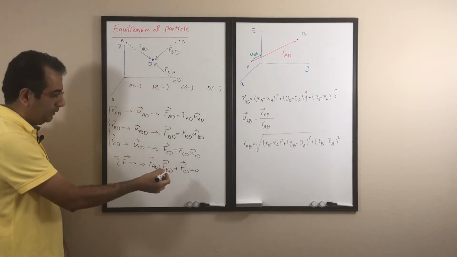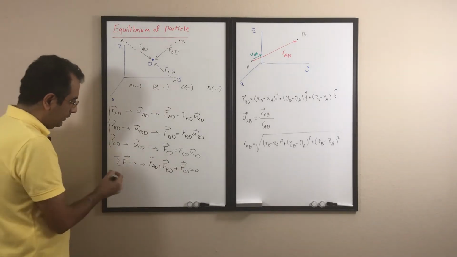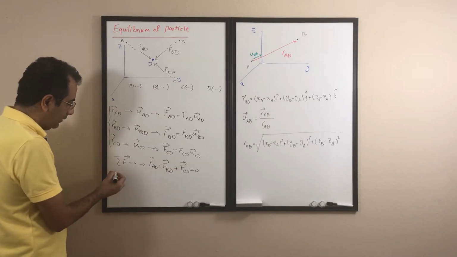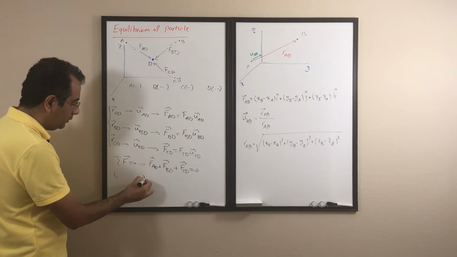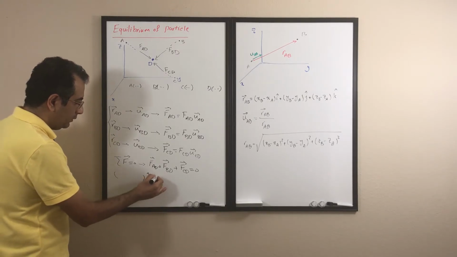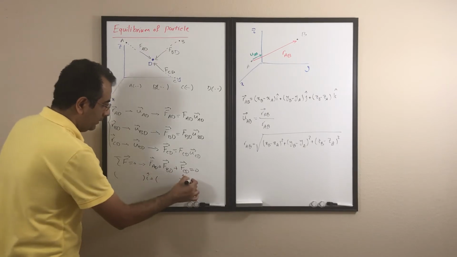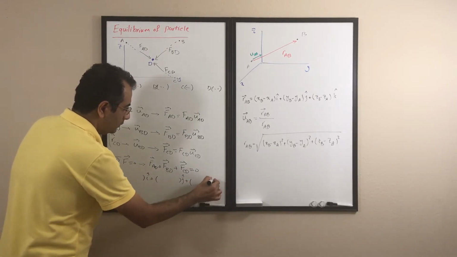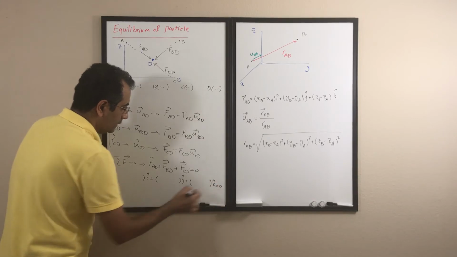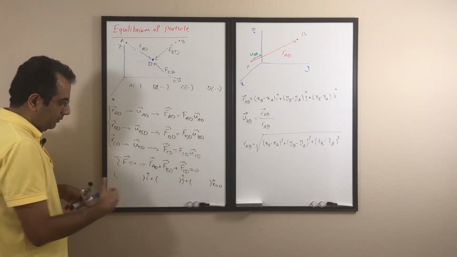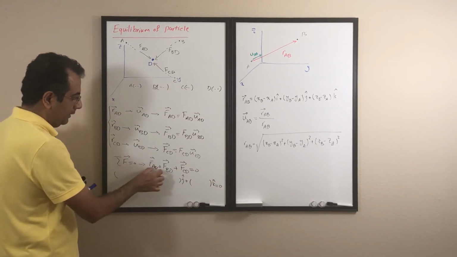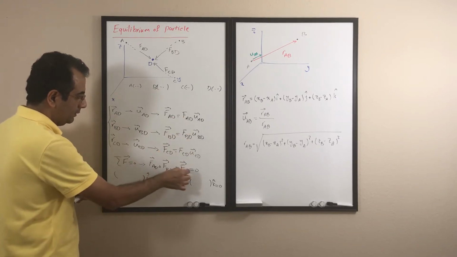After you write that, write all the I components together, all the J components together, and all the K components together, equal to 0.